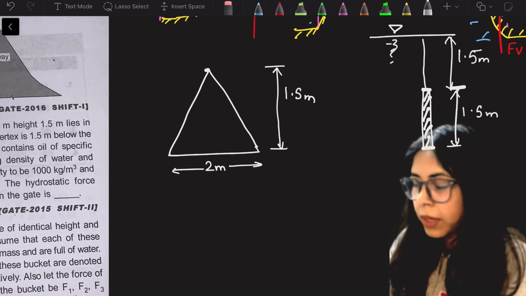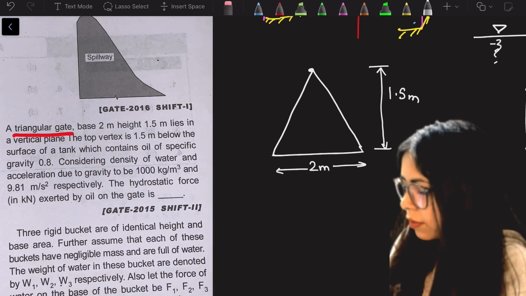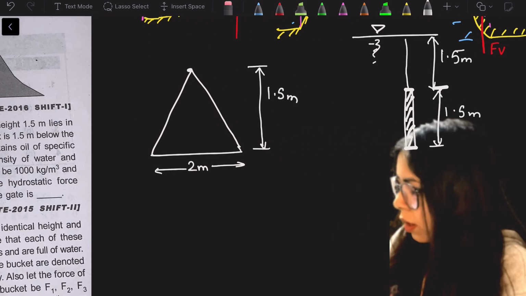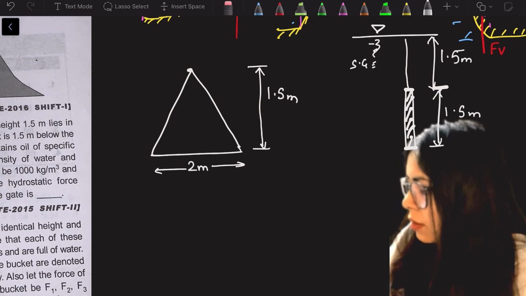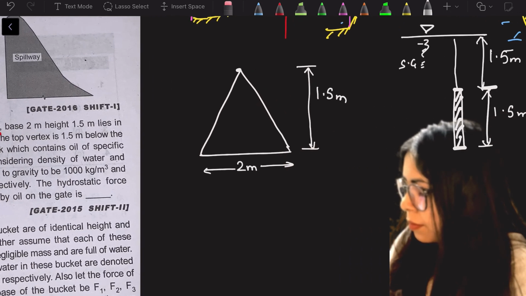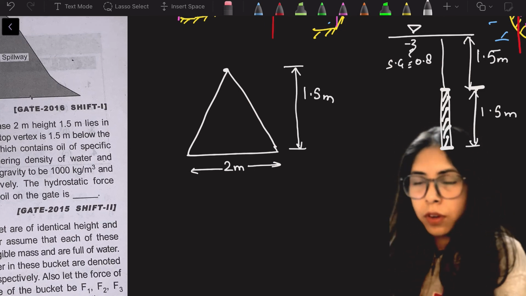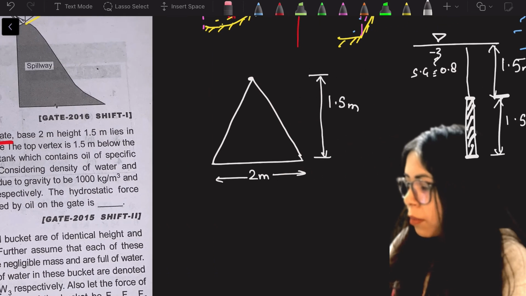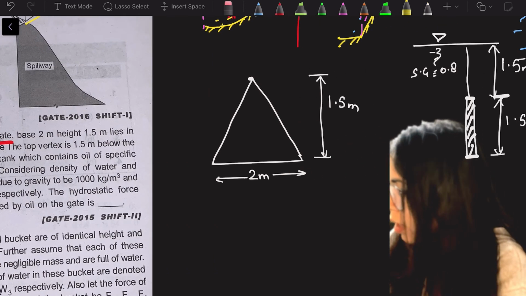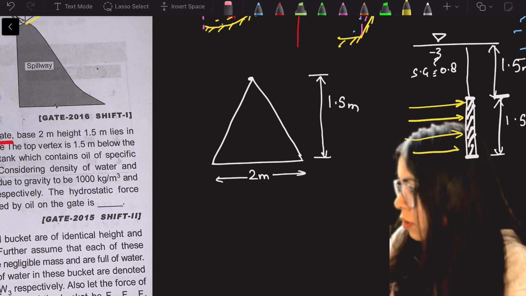And they are asking me, everything is given. They have given a liquid or oil which is having specific gravity, specific density as 0.8, okay, with respect to water. So we have to calculate the hydrostatic force. Because the body is vertical, that means it is a planar body, there is only horizontal force acting.